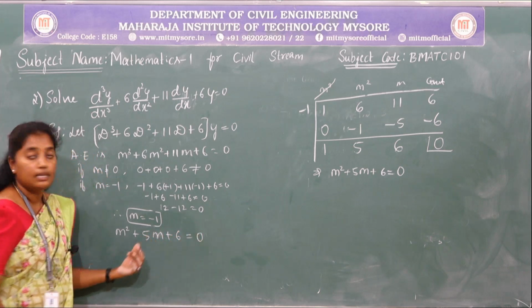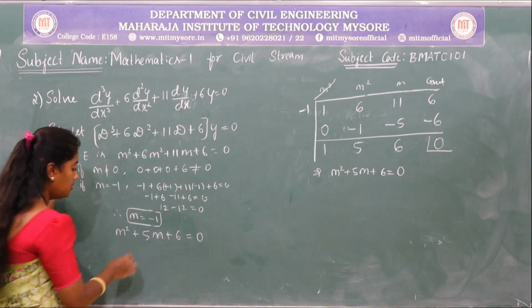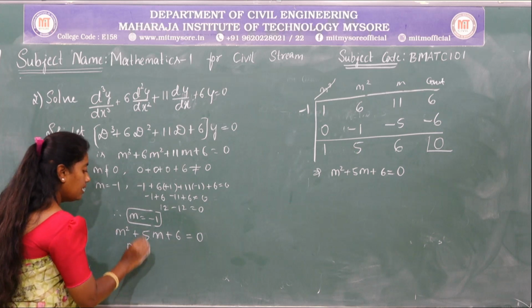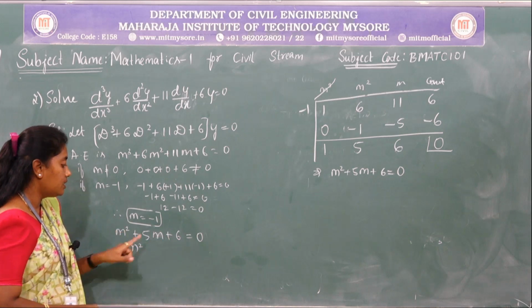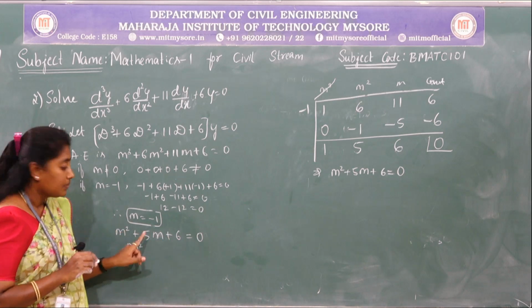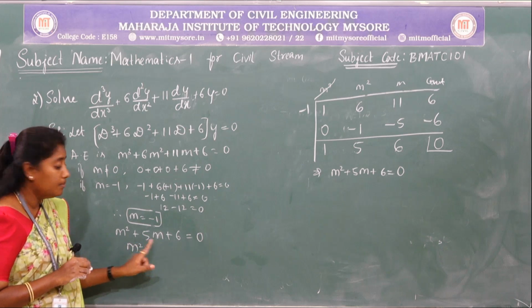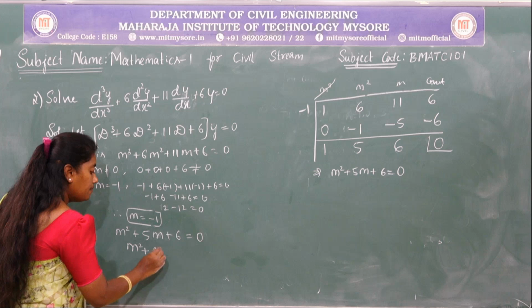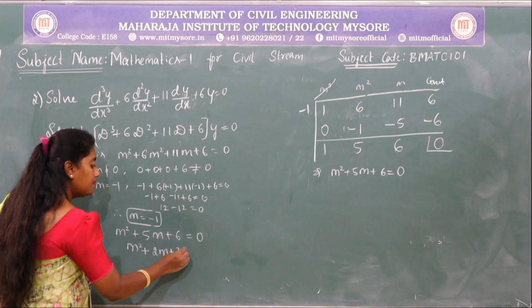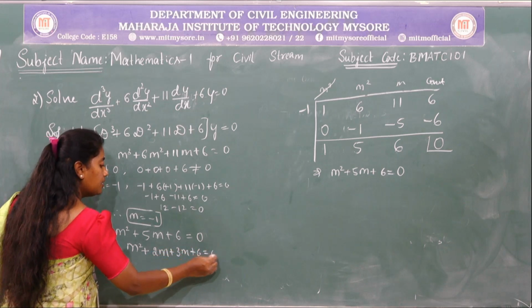We can solve this by applying the factorization method. Here we have 5m, here we have 6. So the numbers are 2 and 3: 2 plus 3 is 5, 2 into 3 is 6. So what we get? m square plus 2m plus 3m plus 6 equal to 0.